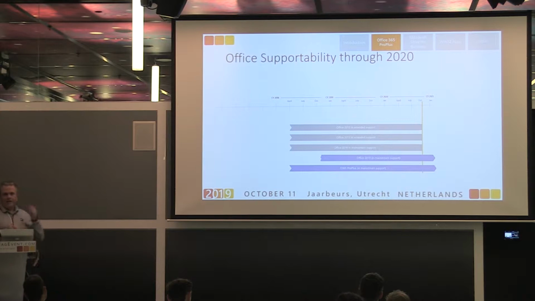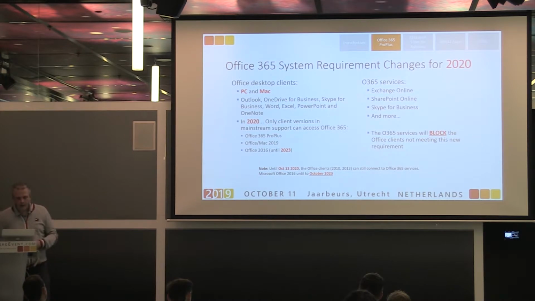And then that version will be stable for another couple of years, whereas Office 365 Pro Plus will be evolving. A lot of new features will be added throughout the years. So there are some changes coming up.